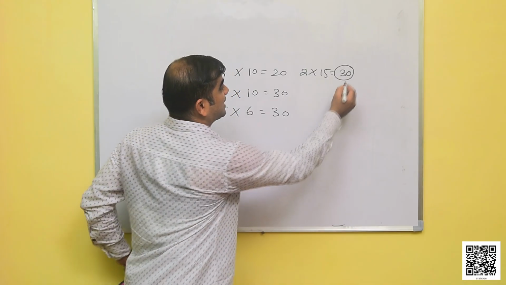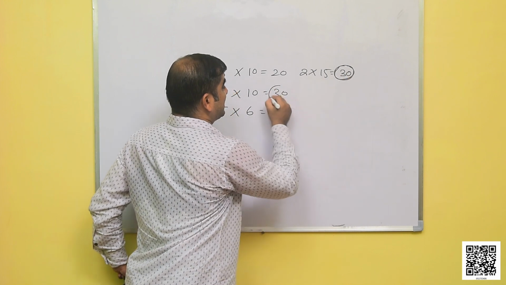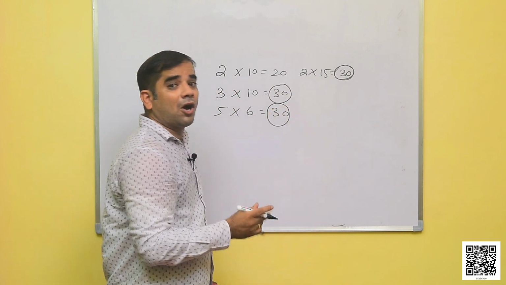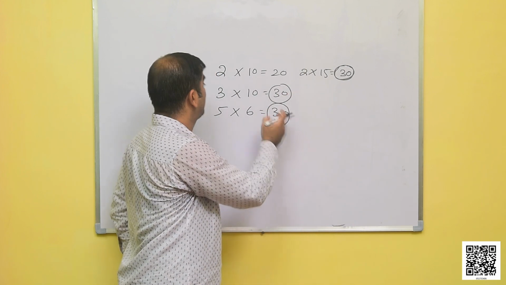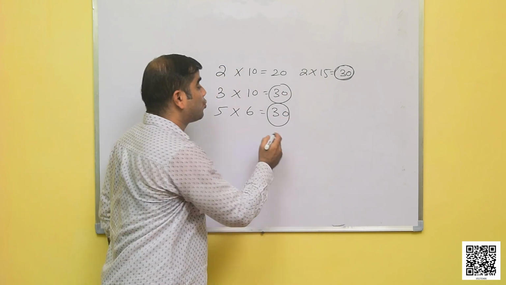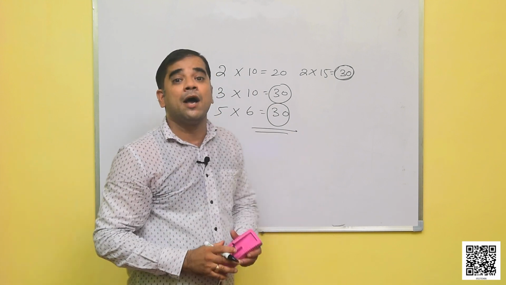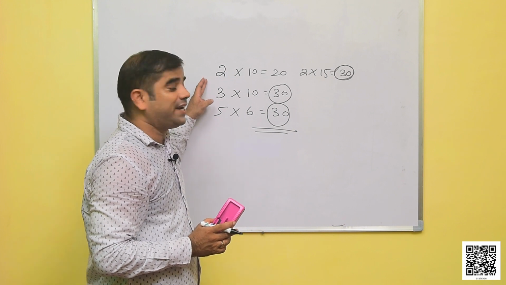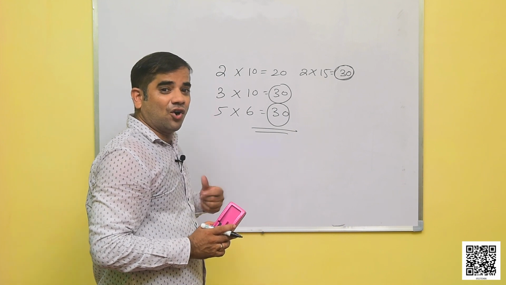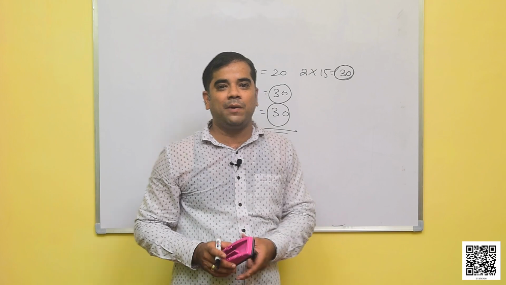So, 30 is the common multiple, or the least common multiple, or you can say smallest common multiple of 2, 3, 5. So, it is the shortest path that can be built by laying the tiles of 2 feet, 3 feet and 5 feet. Got it? So, let us go to the other problem.